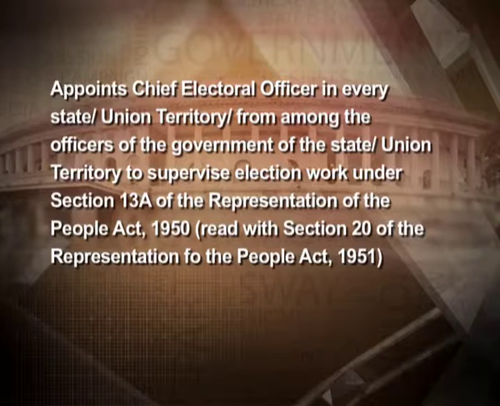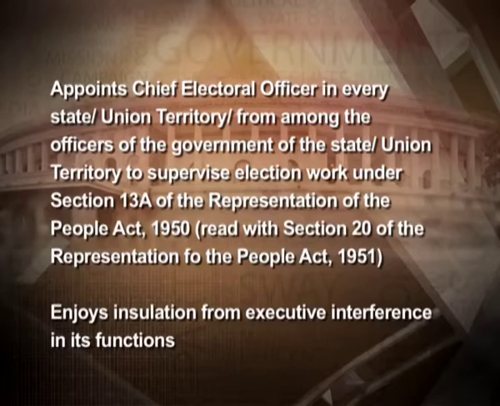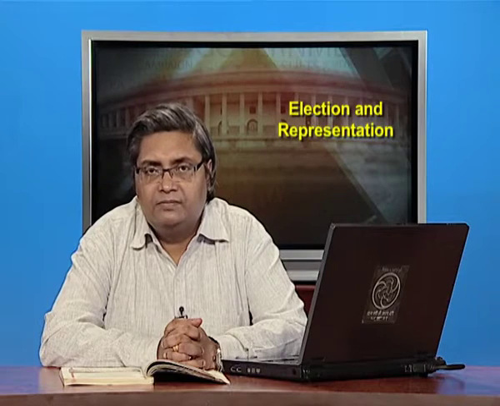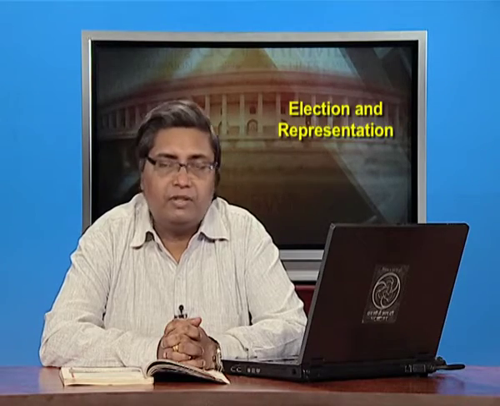And most important thing, the Election Commission enjoys insulation from executive interference in its functions. So, what does it mean? That the executive, meaning the executive government, the council of ministers and the officers under the government, the bureaucrats, cannot interfere in the functioning and the decisions of the Election Commission. That is known as insulation from executive interference.